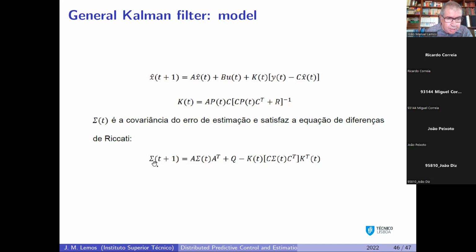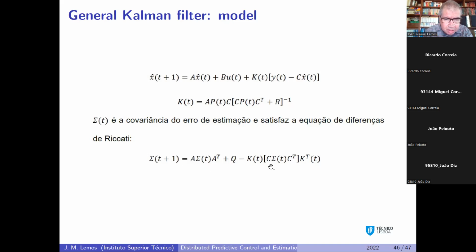Now, here, sigma or the same P, they depend on time, but you can consider the so-called algebraic Riccati equation that corresponds to the steady state. This is a difference Riccati equation.